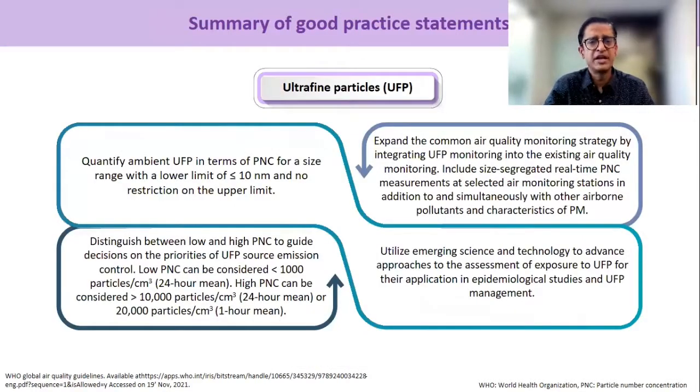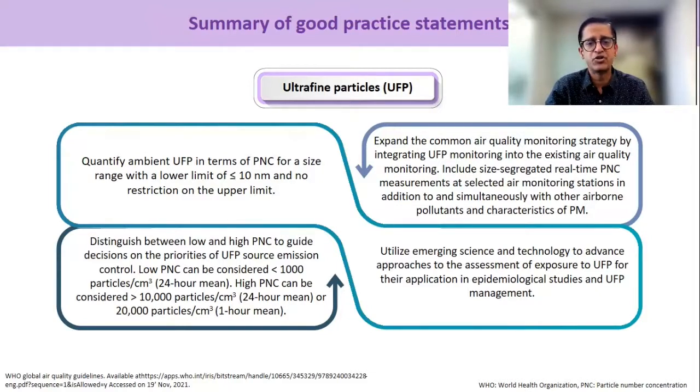The other one that we have spoken about already is ultrafine particles. When we talk about ultrafine particles, we are talking about sizes of less than 10 nanometers. And the finer it is, the greater the chances that it deposits deep into the lung and then goes into the bloodstream.